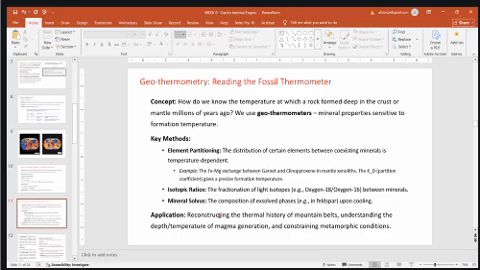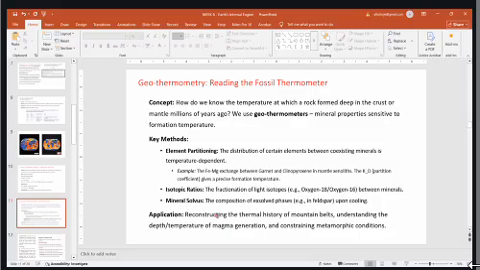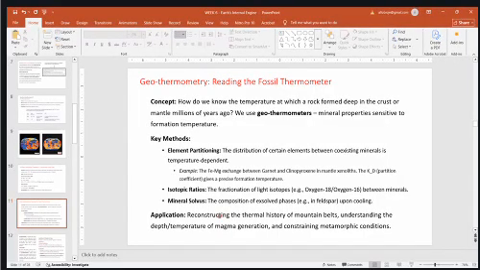We use geothermometers, mineral properties sensitive to formation temperature. That means there are some minerals that are sensitive to the temperature at which they are formed. So when you see those minerals, you can say that if the mineral is like this, the temperature at which it formed is like this.